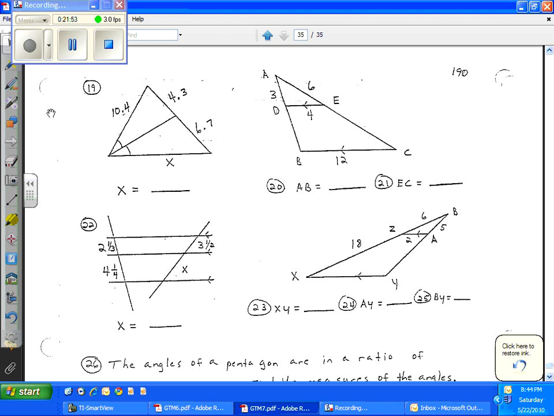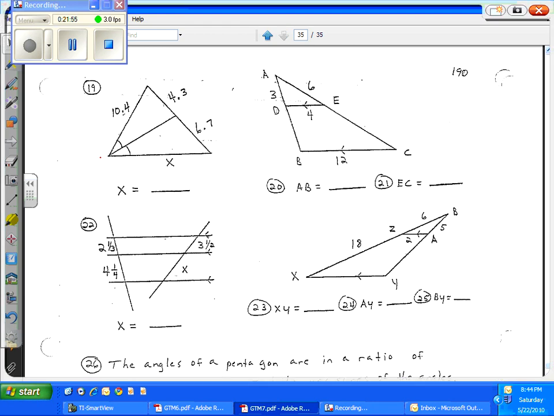Number 19. What we have is the bisector of an angle. We have a ray that bisects an angle. A ray that bisects an angle of a triangle divides its side into two segments proportional to the other two sides.